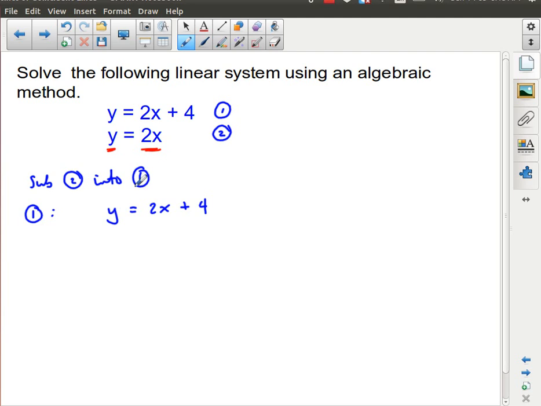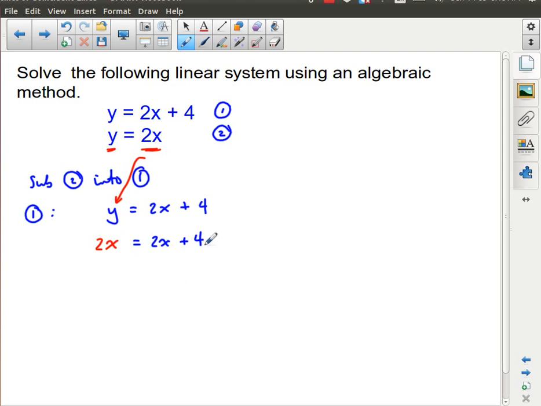So instead of this y, I'm going to put a 2x there instead. And if you're thinking ahead, you probably already realize this looks pretty odd. 2x equals 2x plus 4.